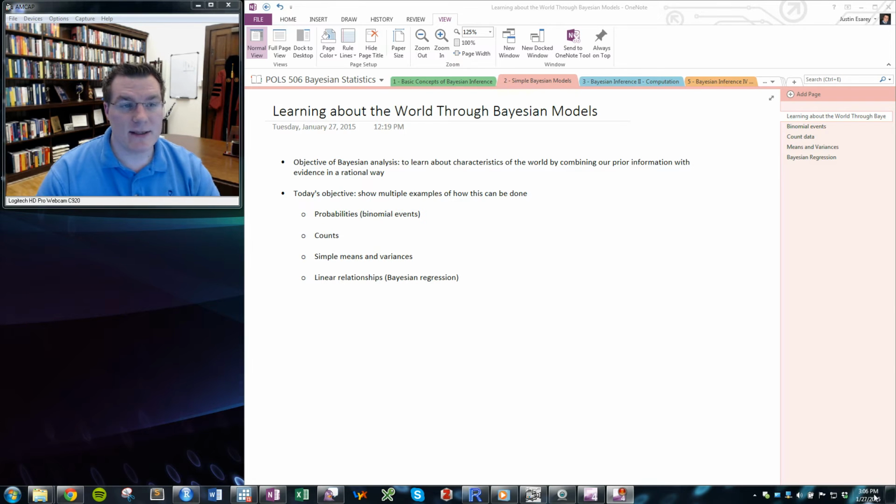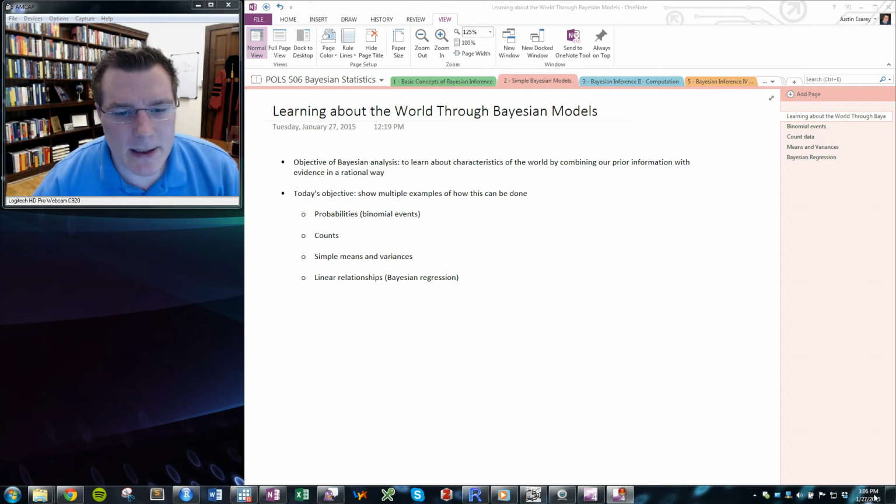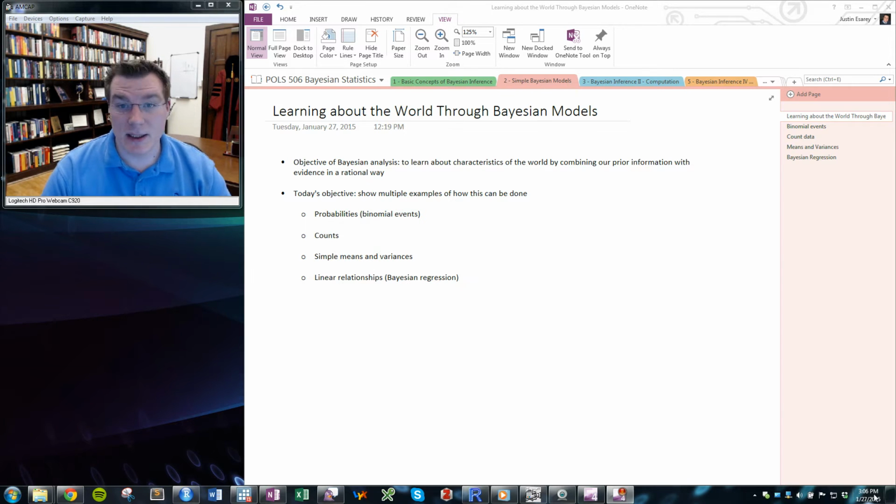I'm going to give one example of how we would learn about simple means. So you have a prior belief about what the mean of some variable is and what its variance is, and we update that using the evidence we've collected. And finally, we're going to look at linear relationships, so-called Bayesian regressions. These are the bread and butter model that a lot of political scientists and other social scientists think about, trying to relate a continuous y to x using a linear model.